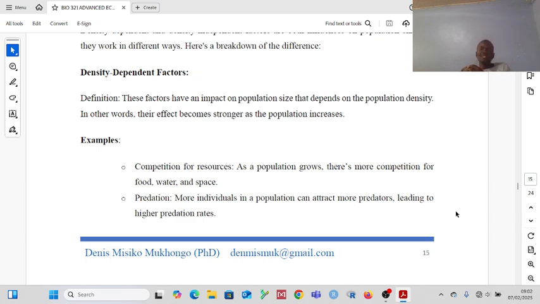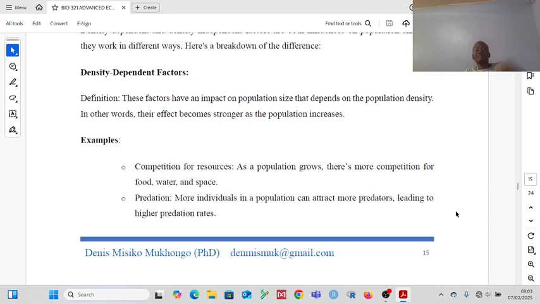Okay? Then the other factor is predation. The presence of predators. Okay? So if there are more individuals in a population, then they can easily attract more predators. Because if you are just having one or two, surely it will be pointless to have 4 or 5 predators. Okay. Back in the villages, in our homes, ungeona kama mko na mbuzi ama kondoo, that's where now you have animals coming at night to try and eat them.